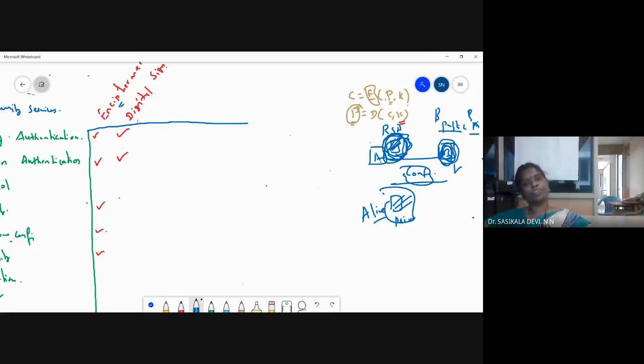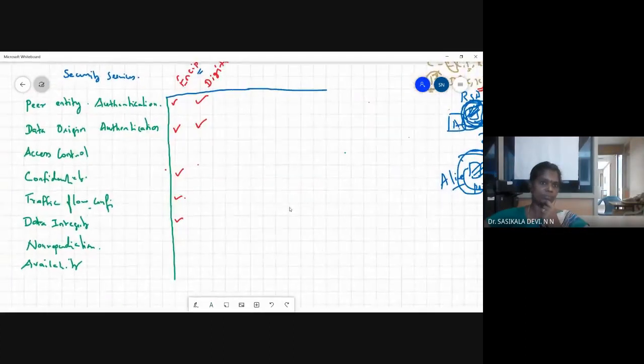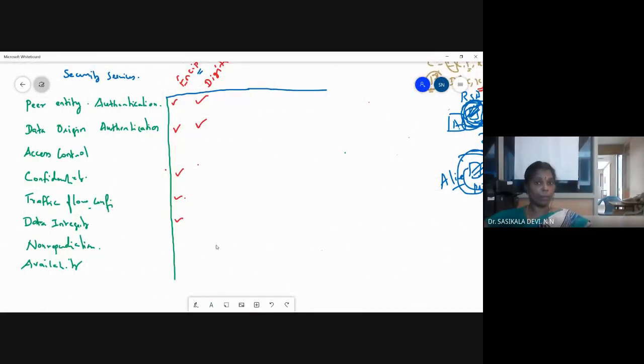In digital signature encipherment, the private key is used for encryption and the public key for decryption. In digital signature, the private key is used for signing and the public key for verification. So both are different. So the digital signature is not suitable for confidentiality, but it is suitable for two more things.